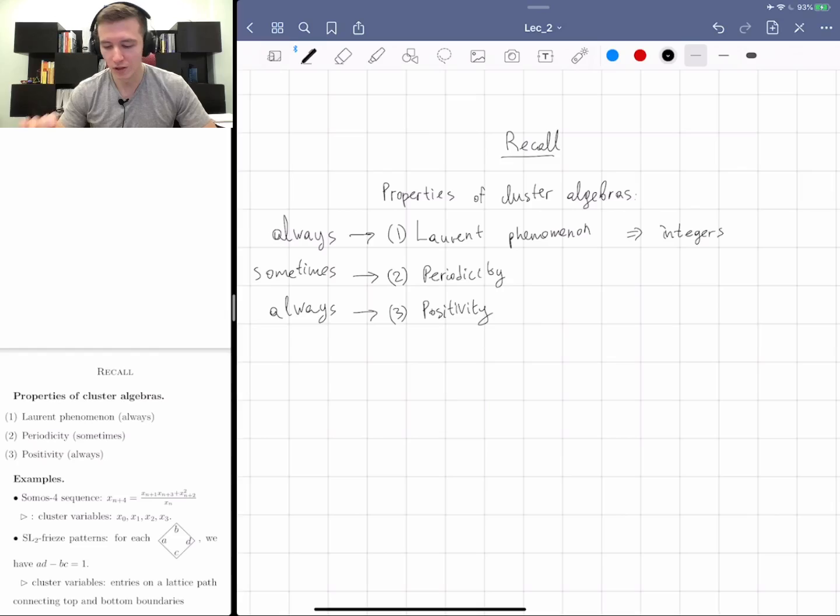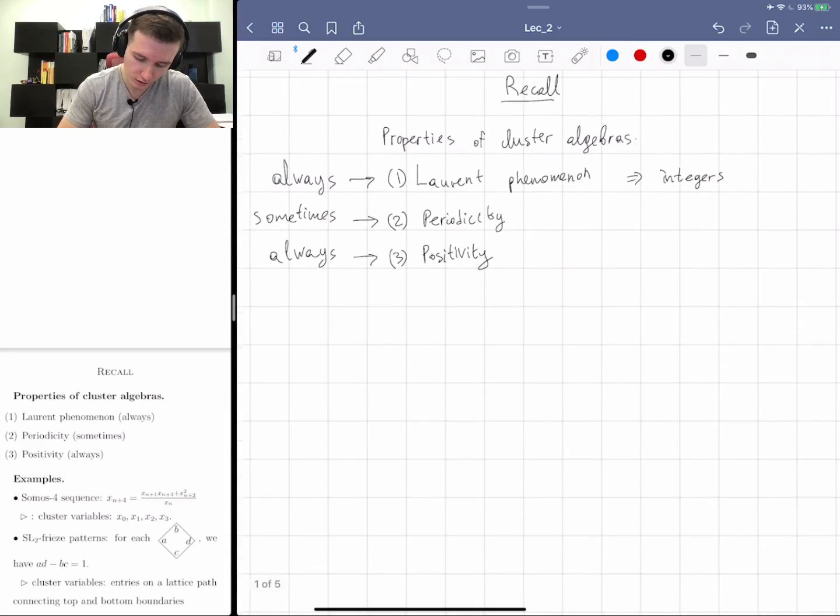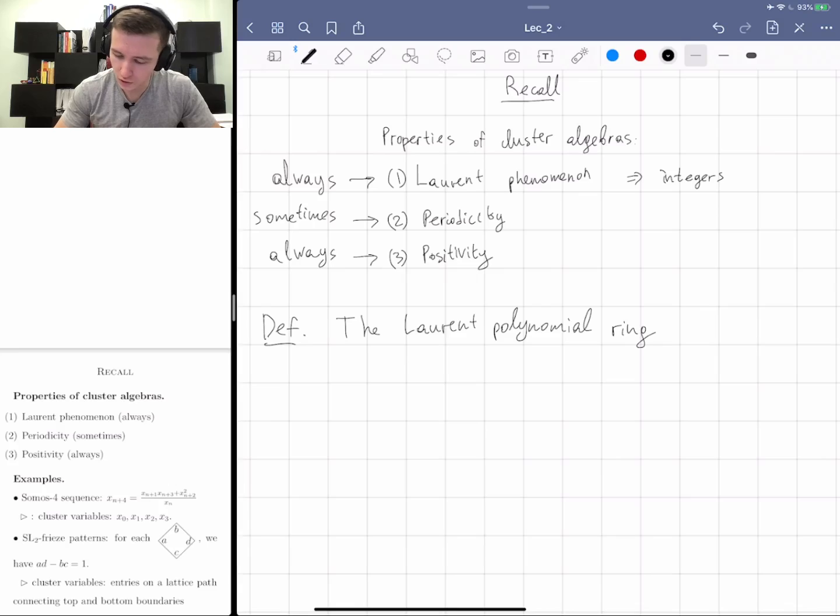And let me also mention, last time I created a little confusion about these coefficients of Laurent polynomials, so let me try to do this more carefully. That's the usual definition. The Laurent polynomial ring is usually denoted like this: C or R or Z adjoined with x1 to the plus or minus 1, x2 to the plus or minus 1, etc., xm to the plus or minus 1.